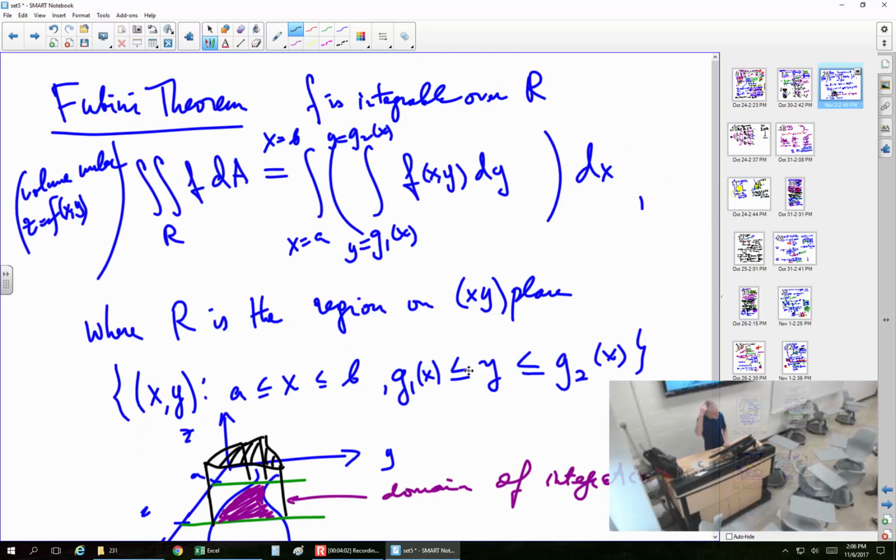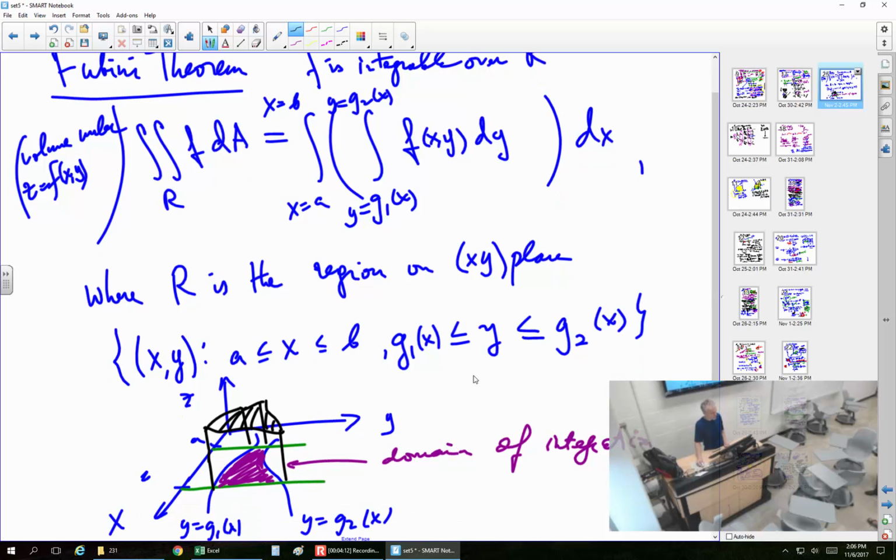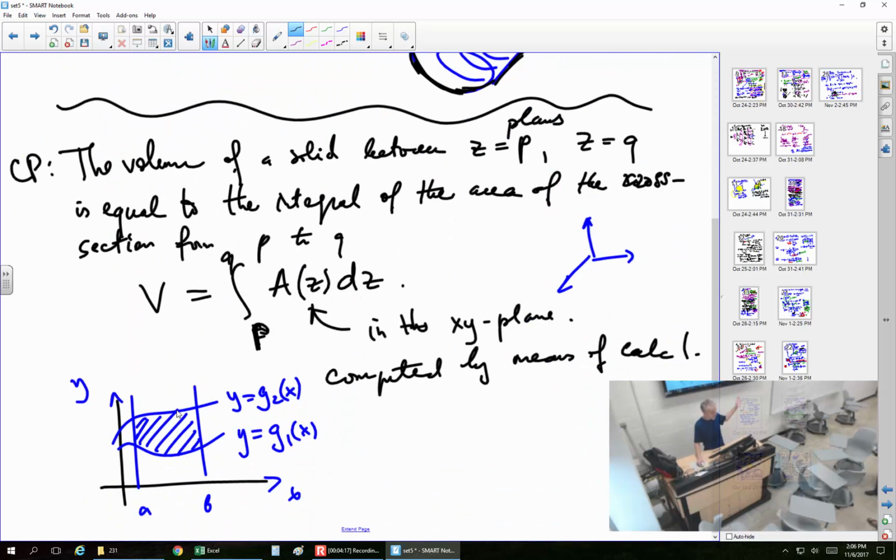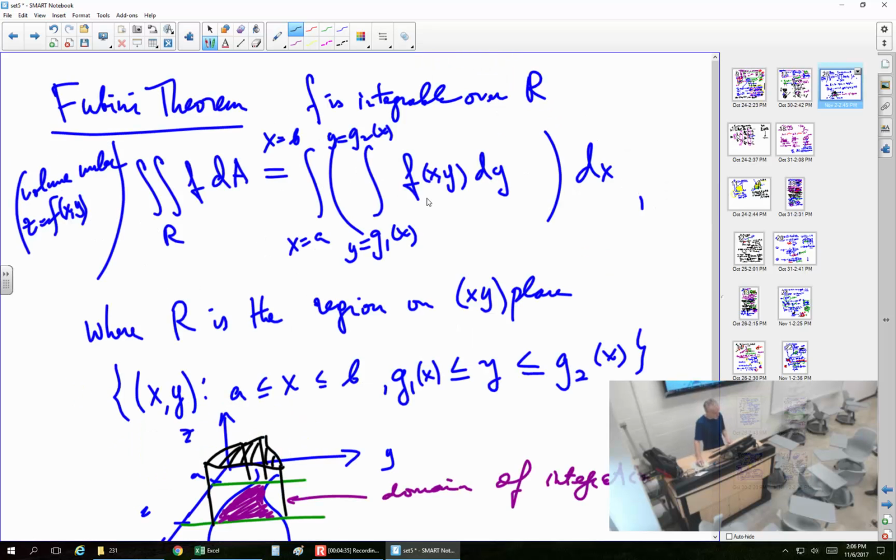Here it is: what a double integral can be converted into when the domain of integration has a particular shape, the shape being, like on the previous page, squeezed between two graphs of y as a function of x. In that case, as you can see, these four entities, numbers here and functions there, serve as the limits of integration.